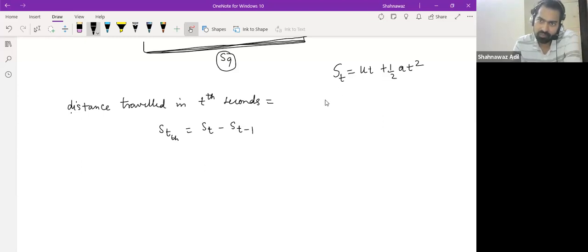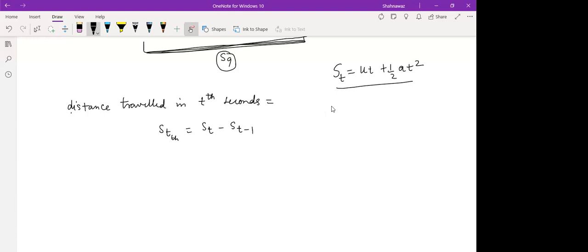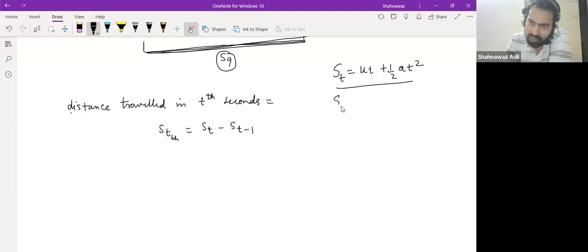Is this clear to you guys? Yes, sir. Okay, so you guys tell me what would be S_(t-1). In place of t, I am replacing it with t minus 1. So what would be here? Yes, Amna. What would be the distance traveled in t minus 1 seconds?